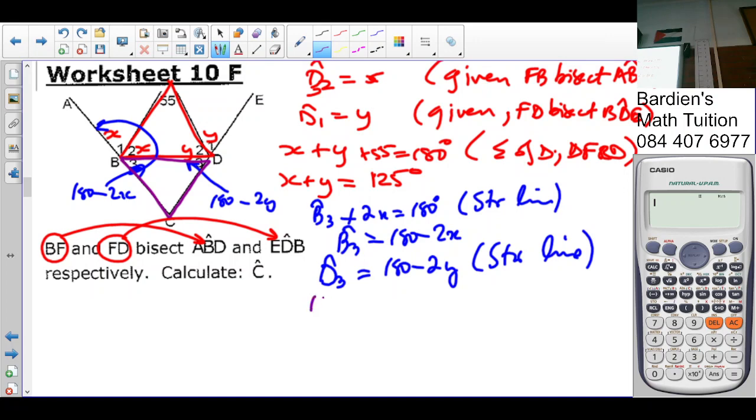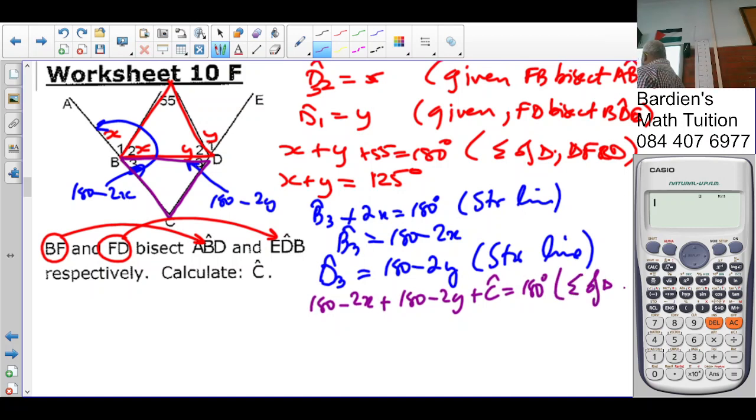So B3, which is 180 minus 2x, plus 180 minus 2y, plus that angle C, which they want us to calculate, equals 180. Why? Sum of angles in a triangle, that is in triangle BDC. Remember, angle C on its own, so angle C is equal to 180, cancel 180 there. So it's going to be 180 minus 2x plus 2y.